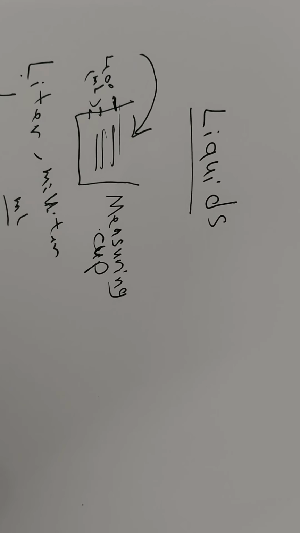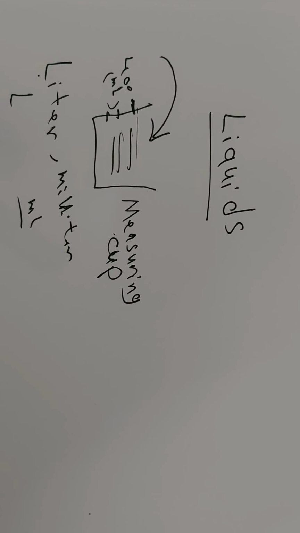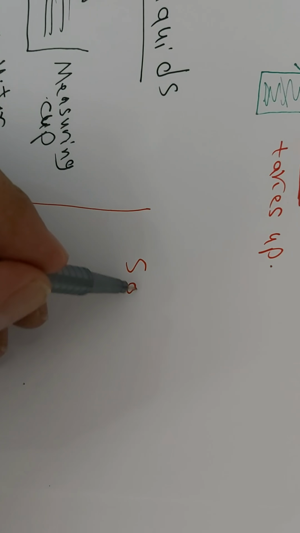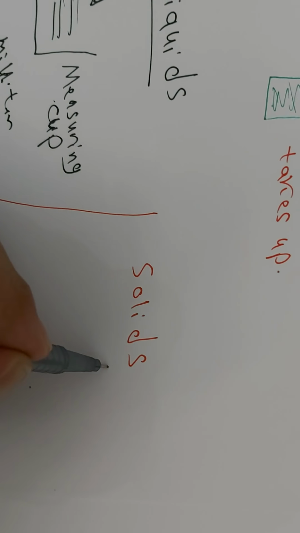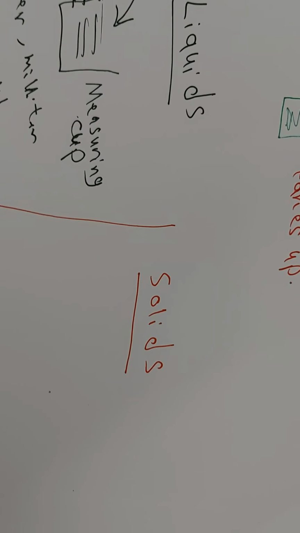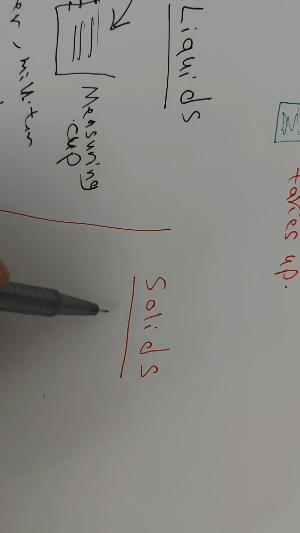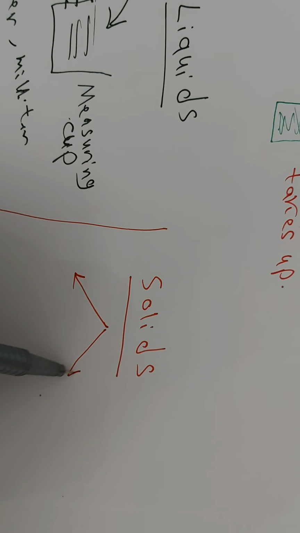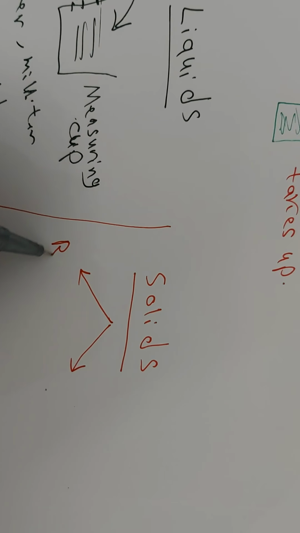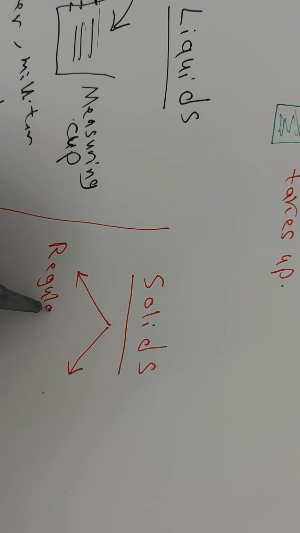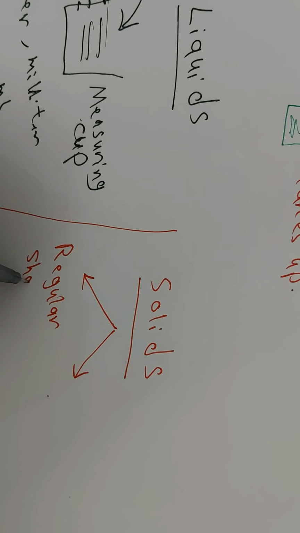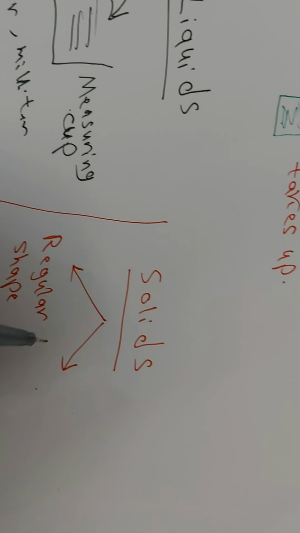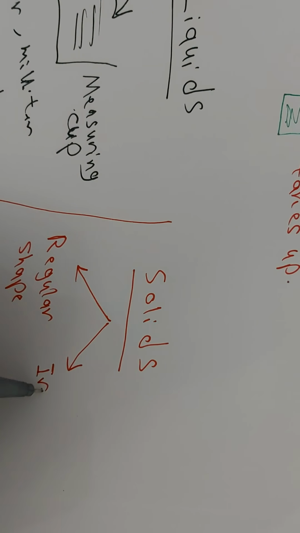Now, how do we find or measure the volume of solids? Here is the most important point. With solids, we have two cases. Some solids have a regular shape and others have irregular shapes.